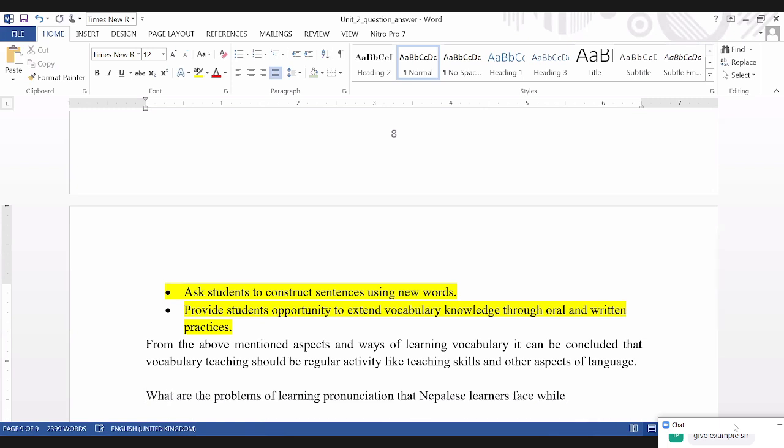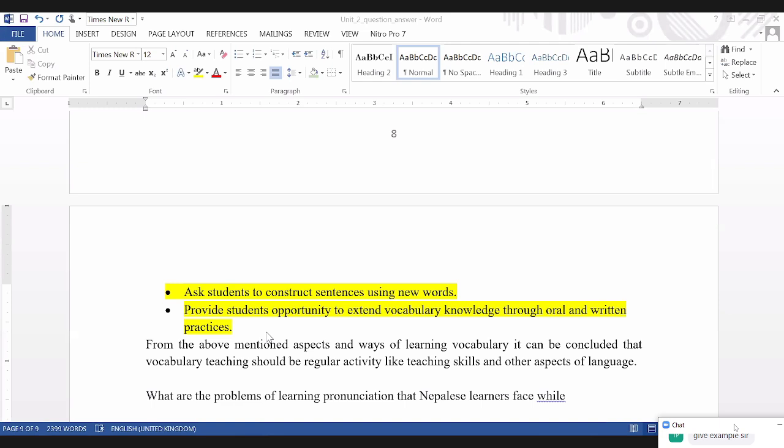Okay, these are the basic steps of teaching vocabulary you can do. And there is a long list of techniques of teaching vocabulary we can use in vocabulary class.